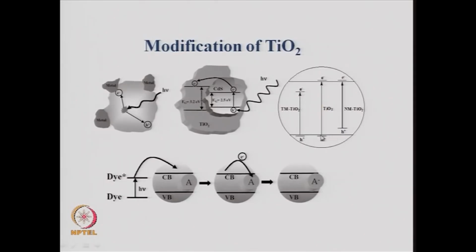So, this is the valence band of TiO2, and so it is higher than the valence band of TiO2, and this energy may be close to the conduction band of TiO2. So, either you can lower the conduction band or you can increase the energy of the valence band electron or hole, valence band hole. So, the hole will be here and the electron is here.